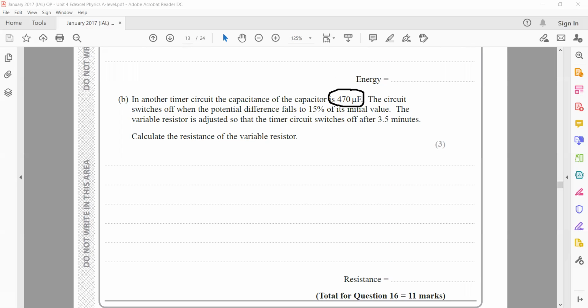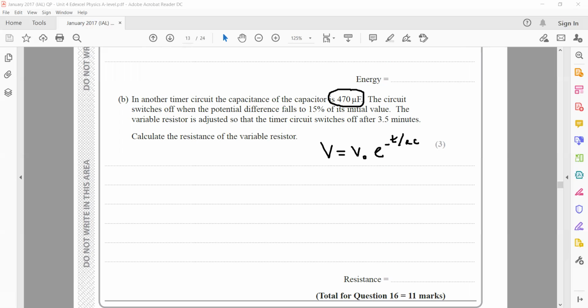So how can we find the resistance of the variable resistor? We have this formula V is equal to V naught e raised to the power minus T over RC. Because the voltage is given, that's why we are using this formula.